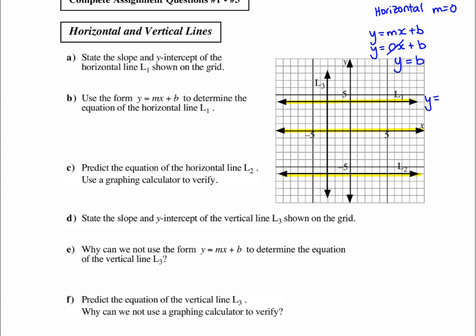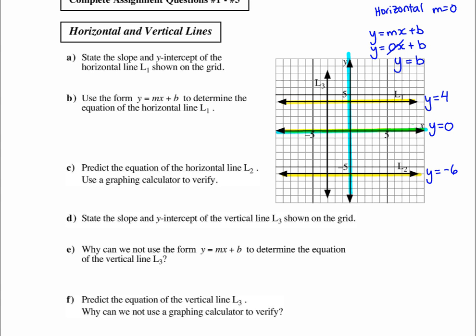The y-axis is here, and the x-axis is right here. So this would be the equation y equals 4. This one on the x-axis would be y equals 0. And this would be y equals negative 6. So whenever you have y equals a constant, it's a horizontal line because your slope is 0.